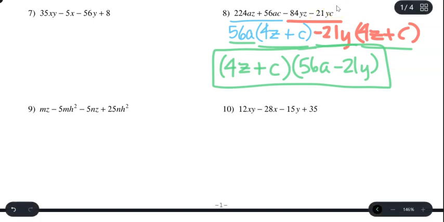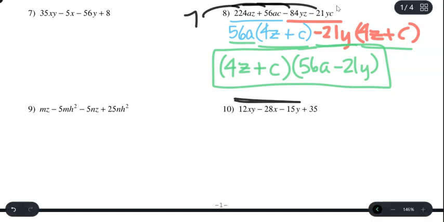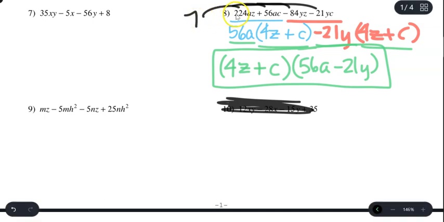But in fact, 7 goes into all of these numbers. So what if I would have taken the 7 out first? Okay, I'm going to cross this out because we're not going to use this. So I'm going to divide all of these by 7. So how many times does 7 go into 224? Actually, 32 times. Now remember, I'm going to factor this 7 out, but I'm not going to forget about it.